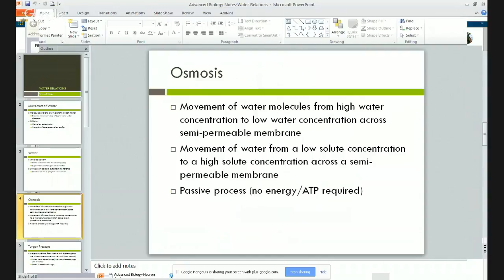Another way you could say it is the movement of water from an area of low solute concentration to an area of high solute concentration, again across a semi-permeable membrane. Since this is passive, you do not need energy or ATP to move the water molecules from the area of high water concentration to the low. This will be important for moving water across the root cells.